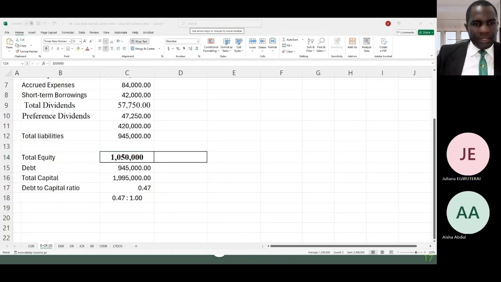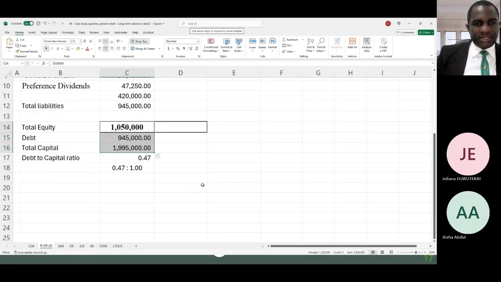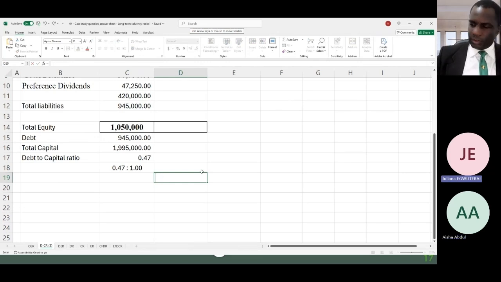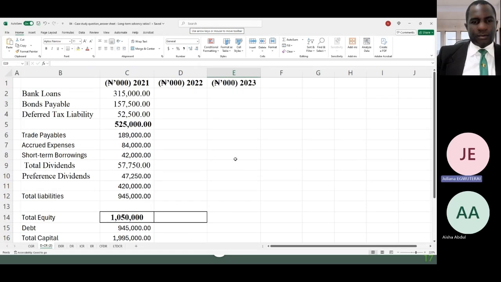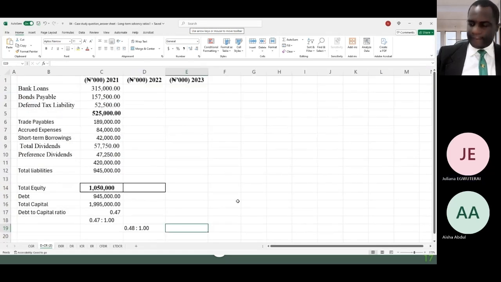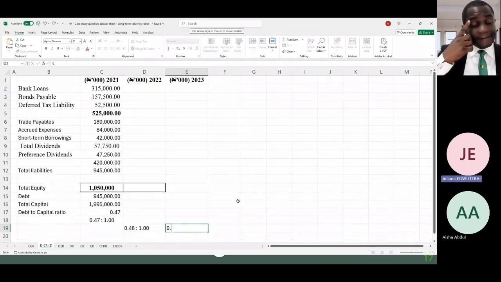Give me the figures again so that I'll validate it. 2021, 48.27, then 2022. Can I call it 0.49 is to 1? No, 48 is to 1. Then the other one, 49.5, is 50 to 1. Okay, thank you.